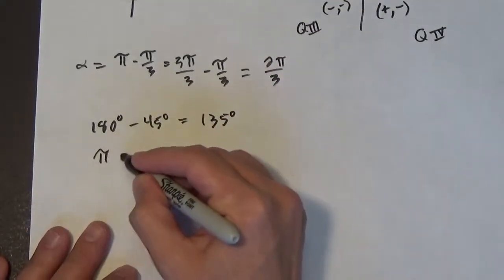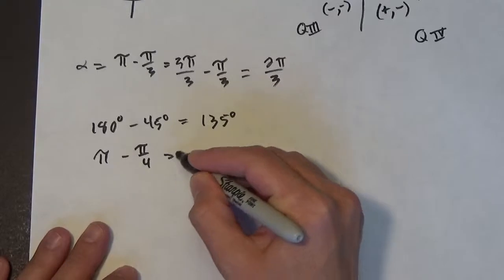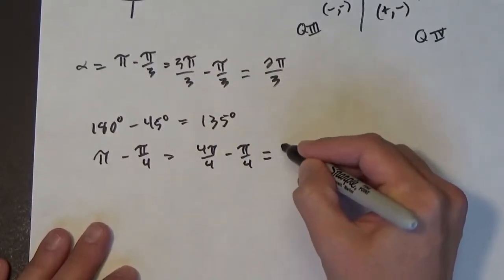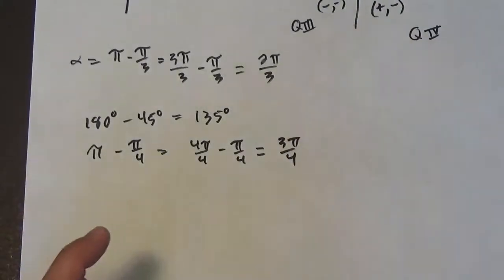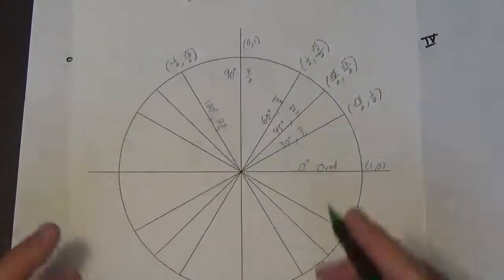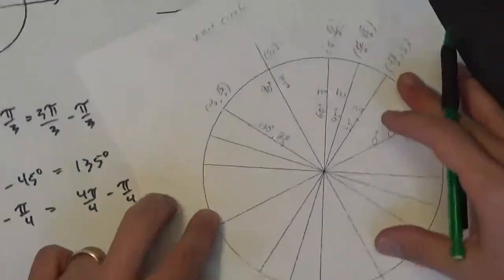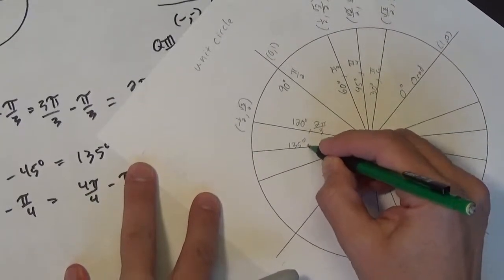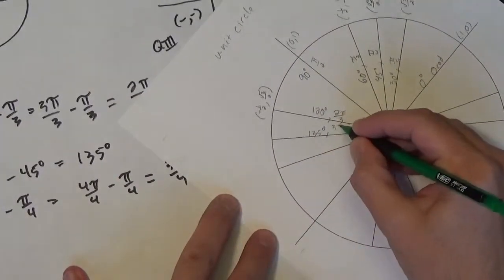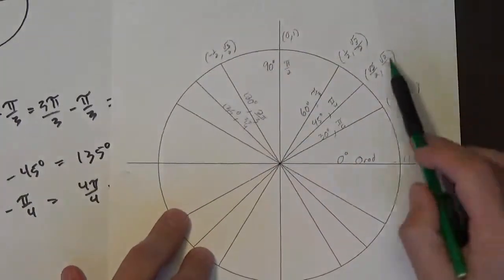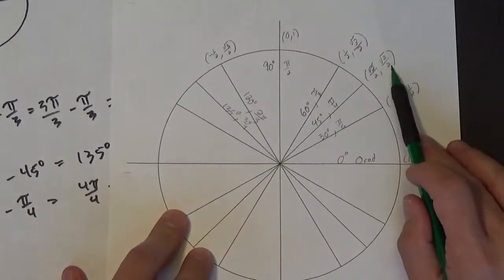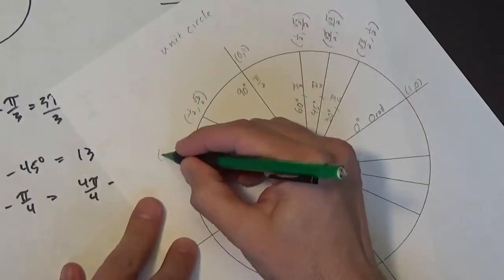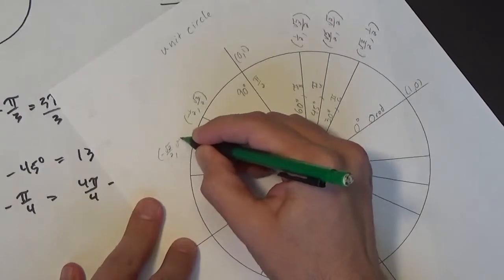And we also know pi minus pi over 4 equals 4 pi over 4 minus pi over 4, which is 3 pi over 4. So for this particular angle, it's 135 degrees and 3 pi over 4. And the coordinates are, instead of square root of 2 over 2 and square root of 2 over 2, the x value is going to be negative. So we're going to have negative square root of 2 over 2 and square root of 2 over 2.